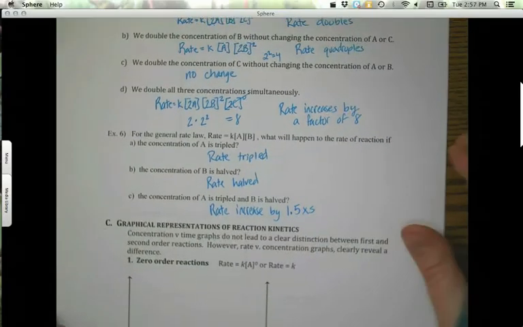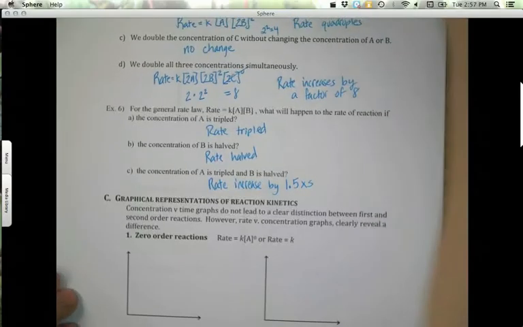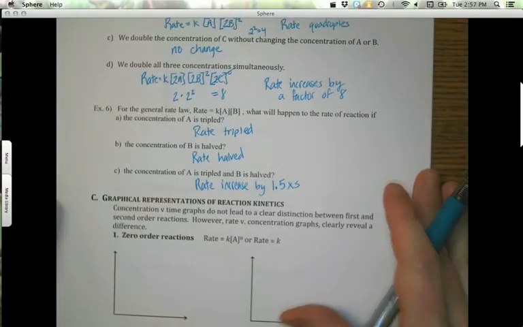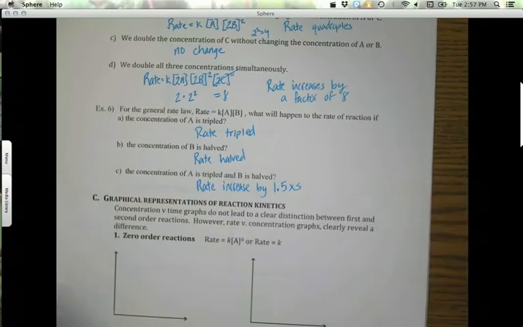Okay, last bit is how we would graph this. Concentration versus time graphs don't give us a very clear distinction with our 1st and 2nd order reactions. But if we graph rate versus concentration, then we see some really clear changes.